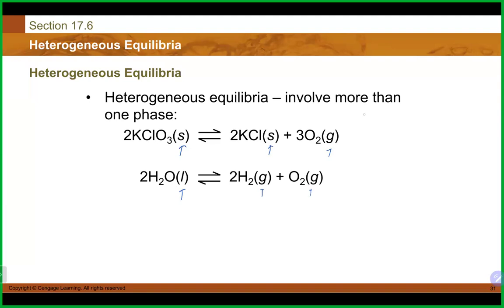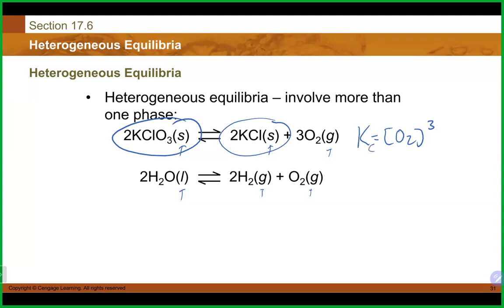So if we were to write the equilibrium expression for the first one here, it would be basically the concentration of O2 cubed, and we would not include this one because it's a solid, and we would not include this one because it is a solid as well. So this would be our only equilibrium expression.